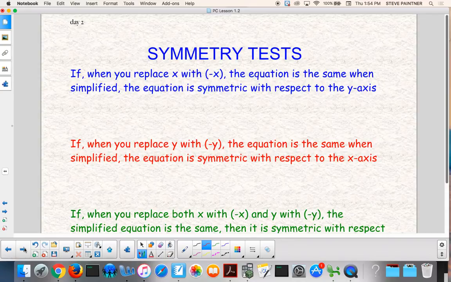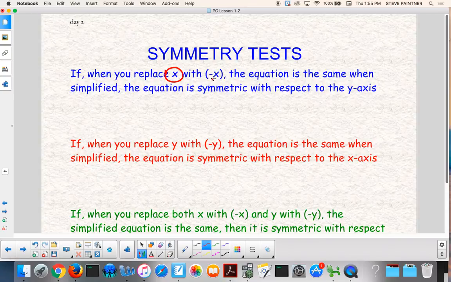If, when you replace the x variable with what? It's opposite, negative x. The equation is the same when simplified. The equation is symmetric with respect to the y-axis. Okay, so tomorrow when you get here, we're going to take an equation, and we're going to replace x with negative x.